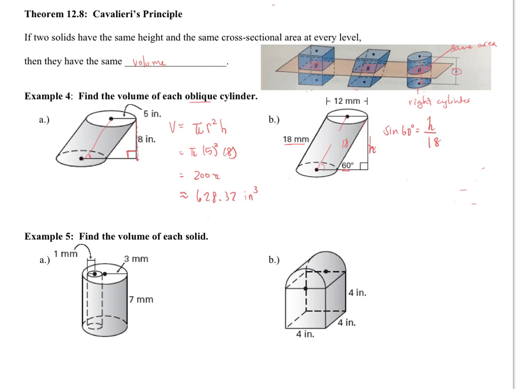So if this were 60, this must be 30. So my height will be 9 square root of 3. Basically you could just use 30-60-90, so this would be 9, and this would be 9 square root of 3.